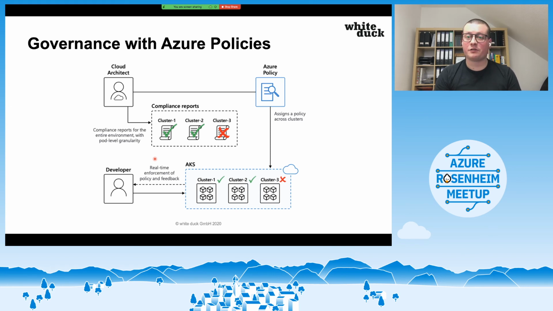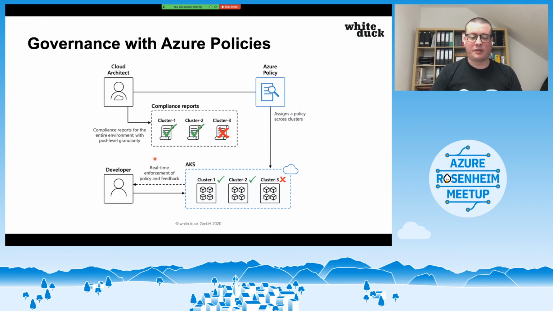Then a pretty new feature is governance with Azure Policies. With Azure Policies, you can define certain policies for your whole subscription. So I only would like to run certain virtual machine types. I only would like to use certain locations and so on. And now you also have the option to govern your Kubernetes cluster.